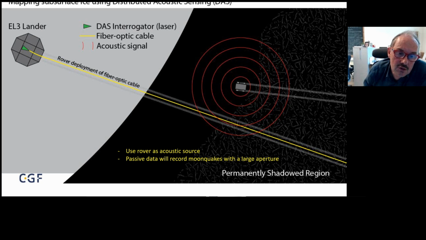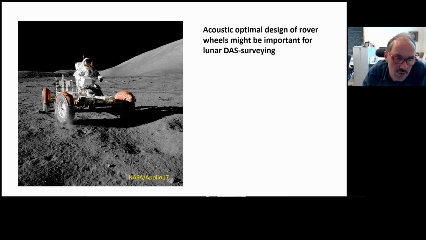And then we suggest to use the rover itself as an acoustic source, similar to when the person is walking close to the fiber, as I just showed. So that's just focusing on, maybe we have to look into how to create as much shear wave energy as possible. Maybe we have to look into how the rover, or the wheel of the rover, can be designed to optimize the amount of shear wave.